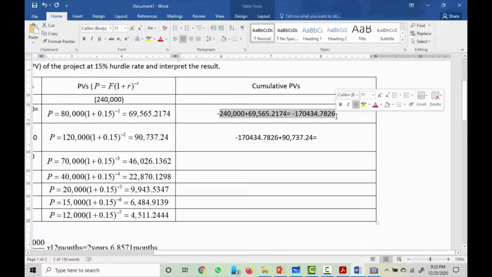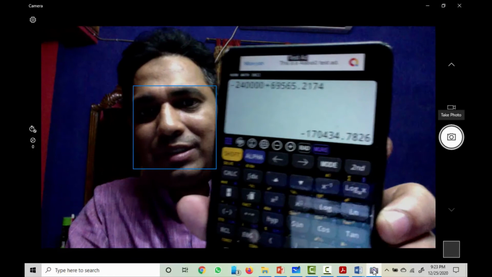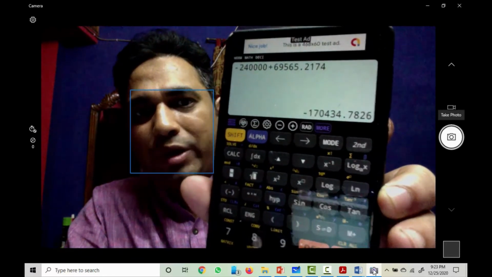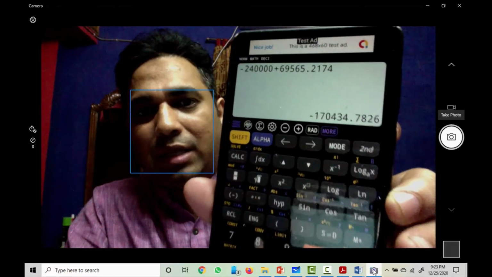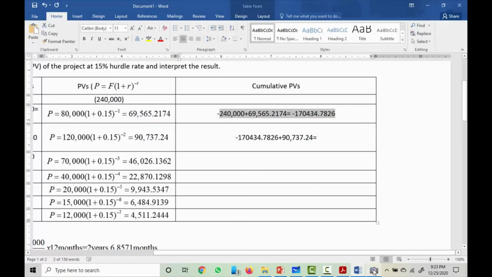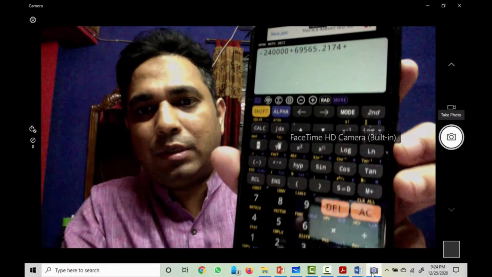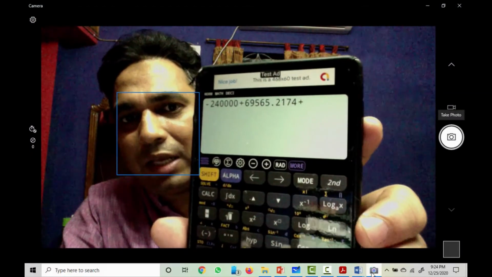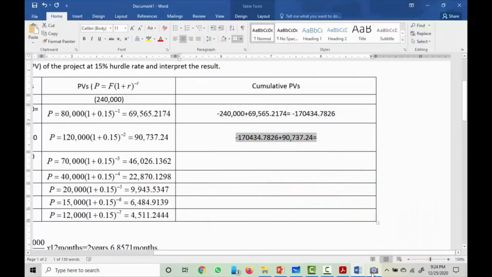When we calculated this one, we typed it like that way, right? So -240,000 plus 69,565.2174, and then when you add these, you just press plus along with the next one.